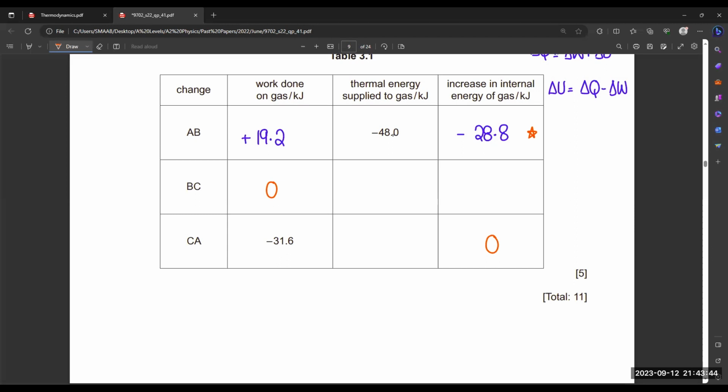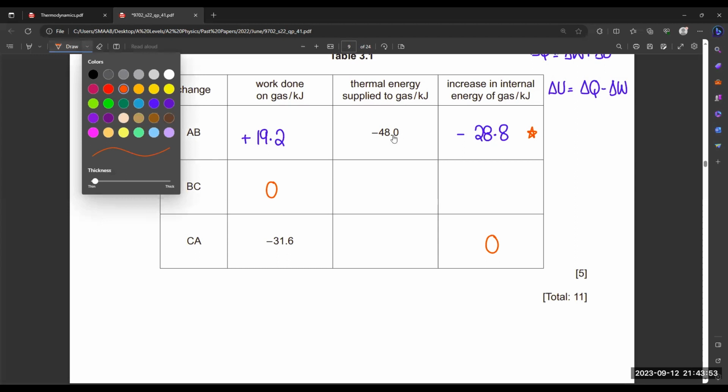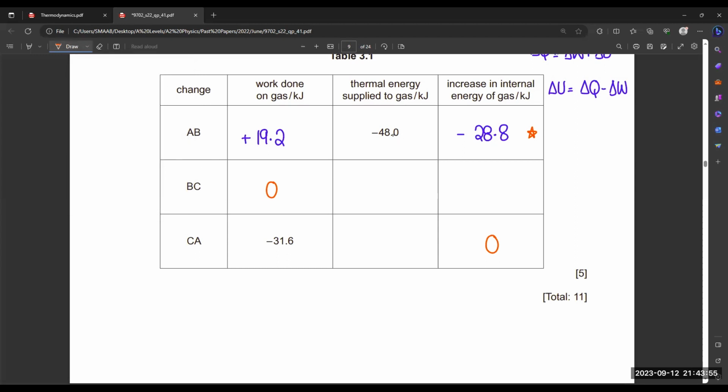Constant volume means you are getting the same thermal energy, 28.8, right? Yes. So you are getting the same energy over here. And since you are doing zero work done, 28.8 minus 0 will again equal 28.8, right?